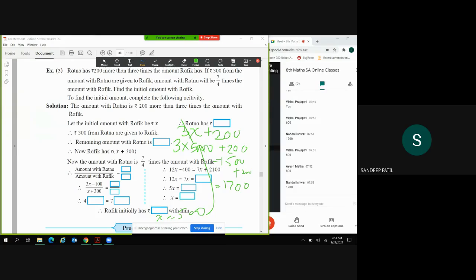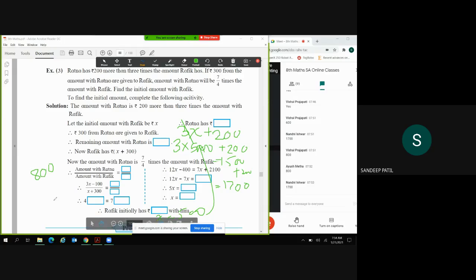Okay. So can I ask students how this 800 came into the picture? What did you calculate, guys? Can you write down the formula or anything in the chat box which you used?